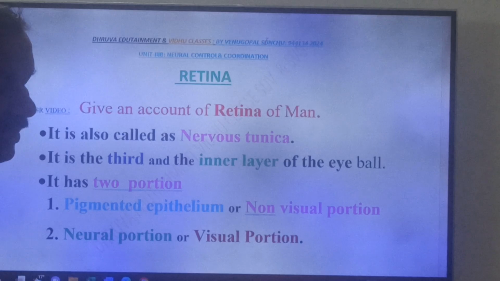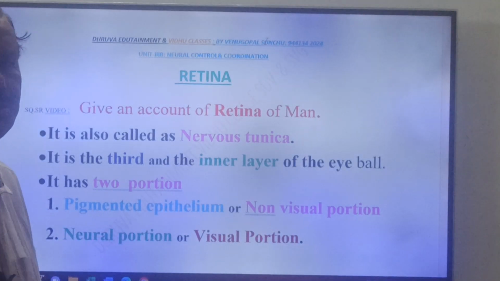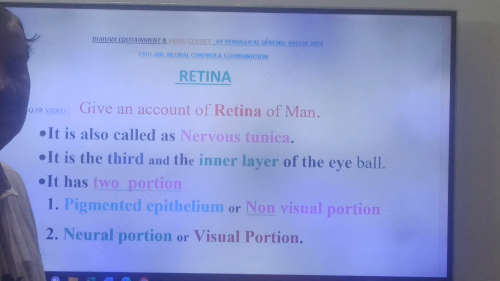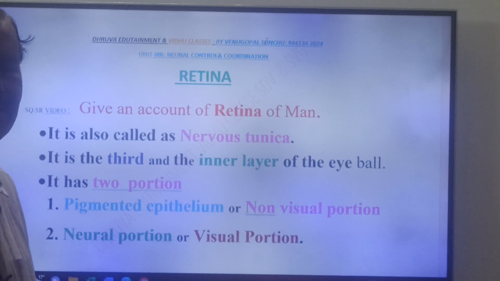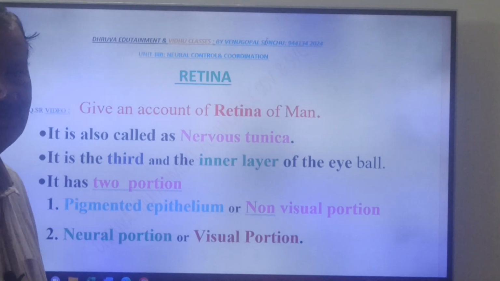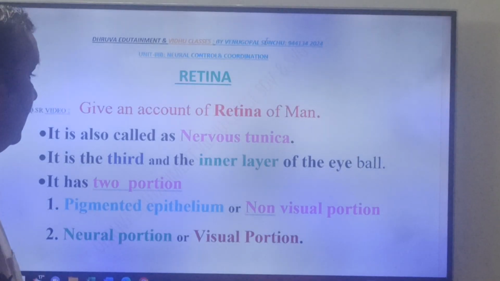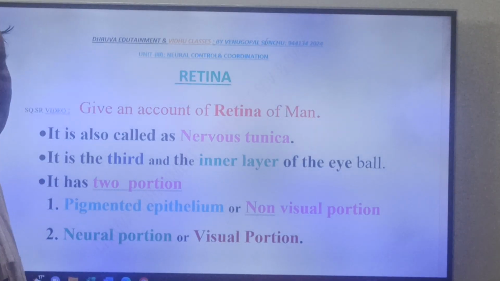Retina of man. See, friends, retina is also called nervous tunica. Tunica means layer. Tunica, coat, theca, layer, lemma, these all are synonyms. It is the third and the innermost layer of the eyeball.